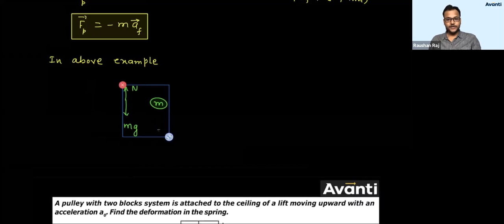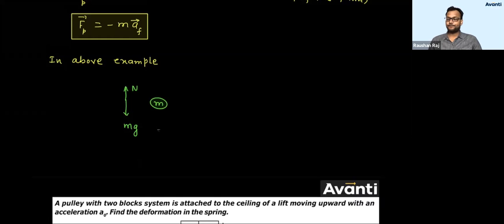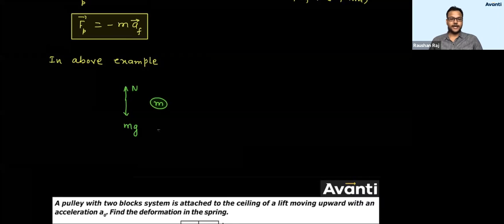Now tell me guys, in which direction is the frame accelerating? It is in the upward direction, right? So in which direction must the pseudo force act? Downward. So the pseudo force must be acting in the downward direction.